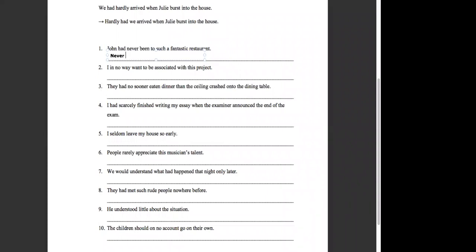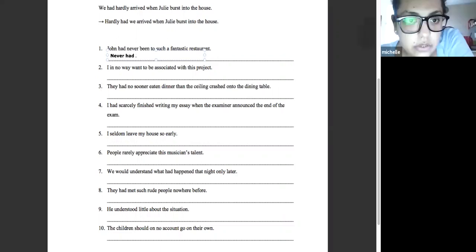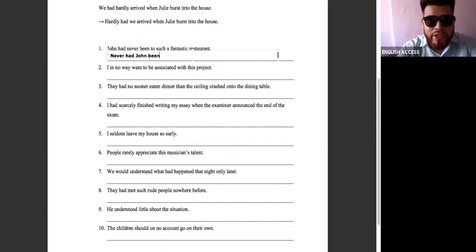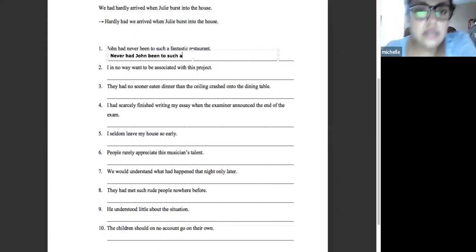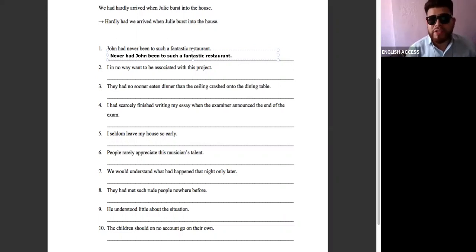Had. Auxiliary. And in this case, what is auxiliary? Had. And then the subject, which is John. And then the verb? Been. Never had John been to such a fantastic restaurant.